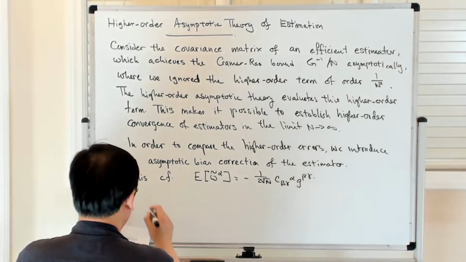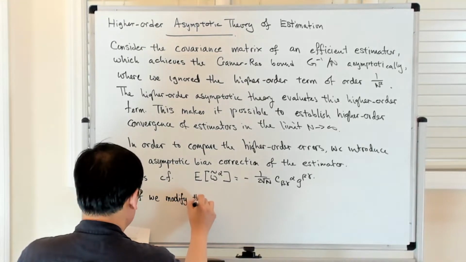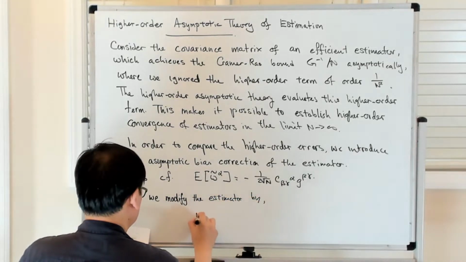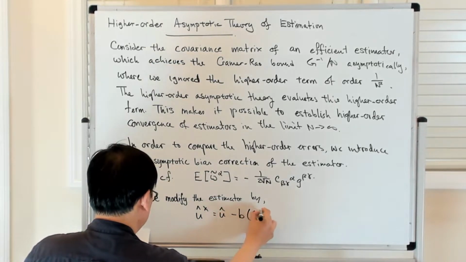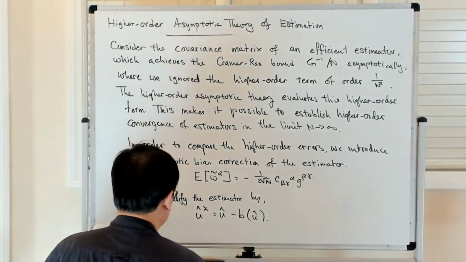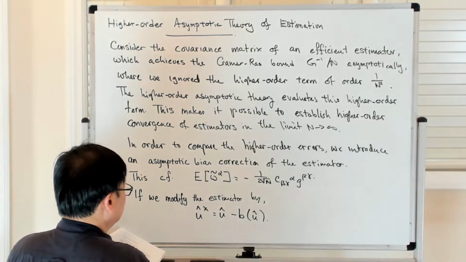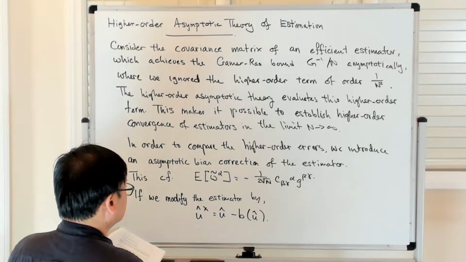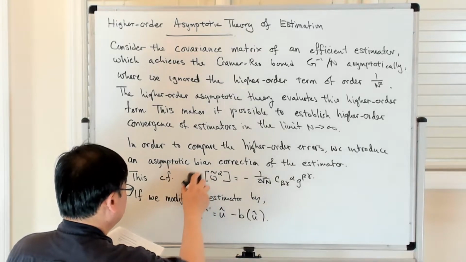So if we modify the estimator so that u hat star is u hat minus the bias associated with u hat, then the claim, as you might expect, is that the leading order bias is removed. Actually, no, this is not what we want to do, right?